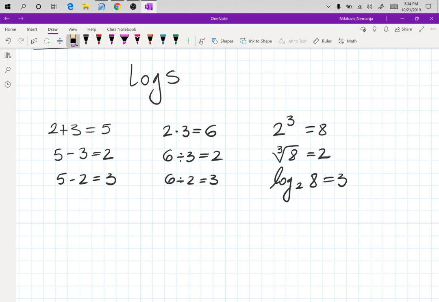Anyway, now we can transform any of these into functions by replacing any of the input numbers with x. And depending on which one you replace, you will create a different type of function. So if you replace, let's say, 2 by x, you would get x plus 3, and x plus 3 is a linear function, right? You can replace 5 with x, get x minus 3, and you would get a linear function.